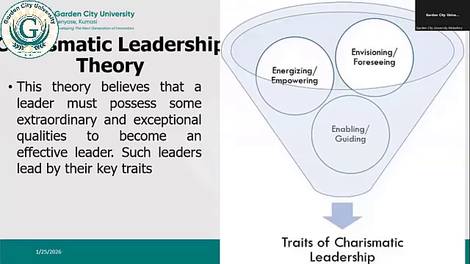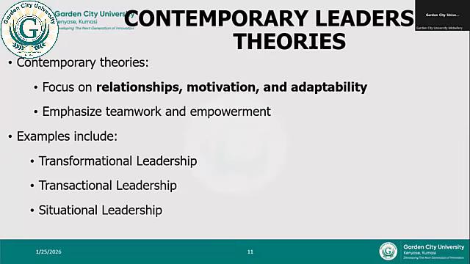So it was about the personal qualities of the person, okay? And he said that if you exhibit these three characteristics, then you will automatically be exhibiting charismatic leadership within that particular time frame. So that is what the classical theories of leadership entail.